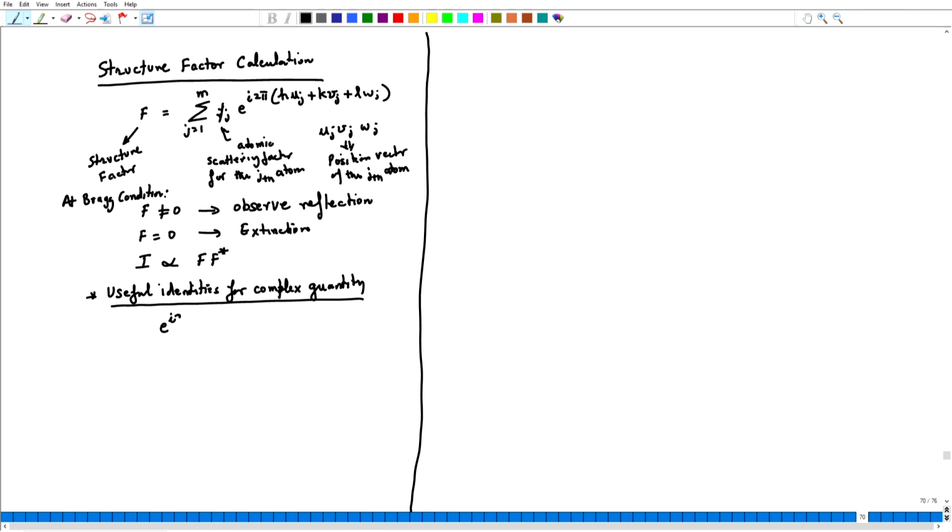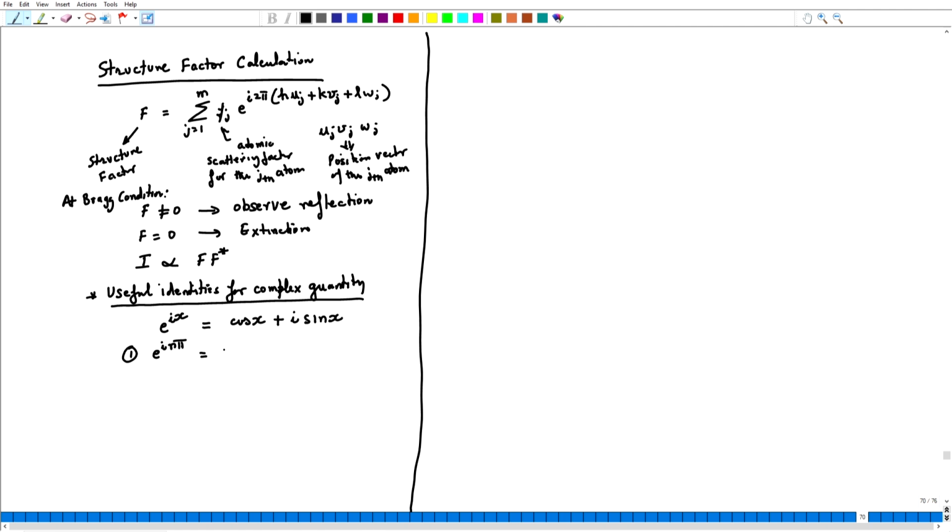So, if I have a complex function e to the power i x, where x in the structure factor is simply 2 pi times (Huj plus Kvj plus Lwj), I can expand this into trigonometric quantities as cos x plus i sin x. The first identity: suppose x is an integral multiple of pi. I can write it as e to the power i n pi, where n is an integer, so x is n pi here.